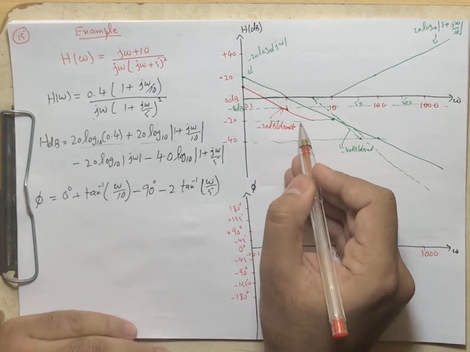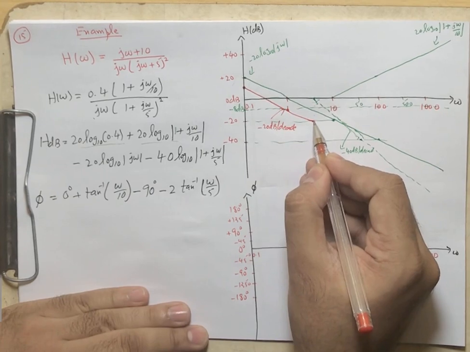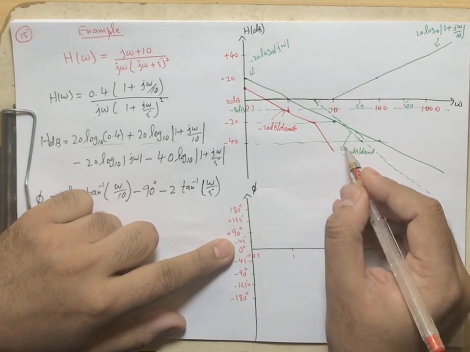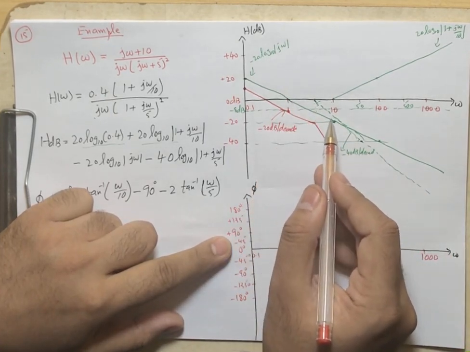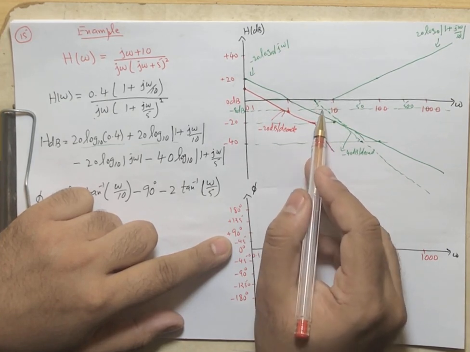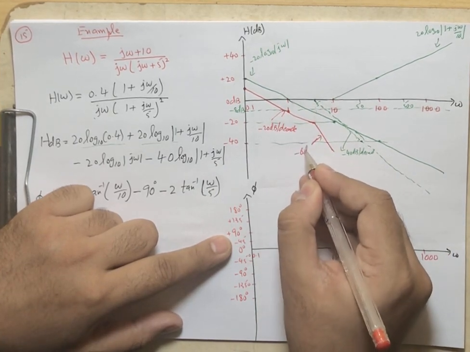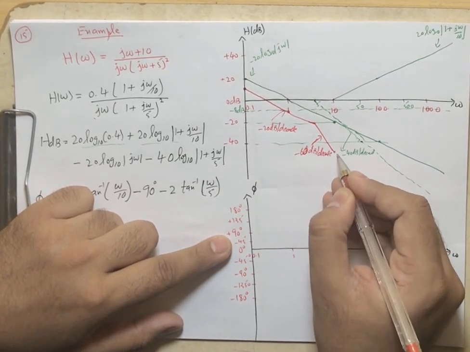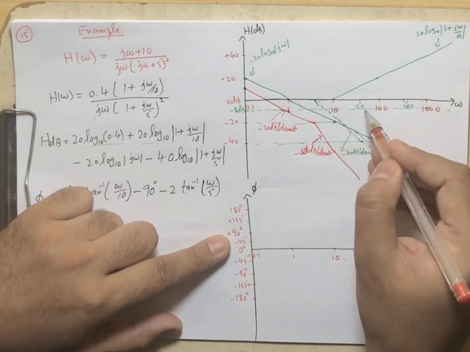And from 5 it will be minus 60 dB per decade until you reach 10, because one slope is minus 20 dB and you have minus 40 dB from the double pole. So the total slope will be minus 60 dB per decade. And from 10 onwards, you will add an increasing slope.